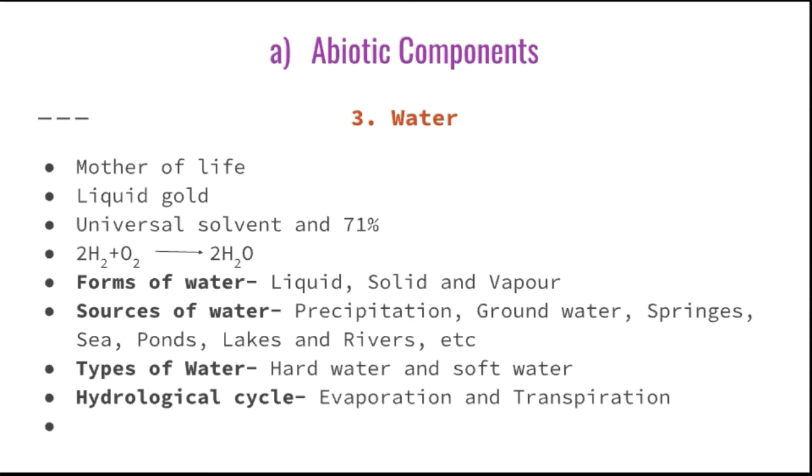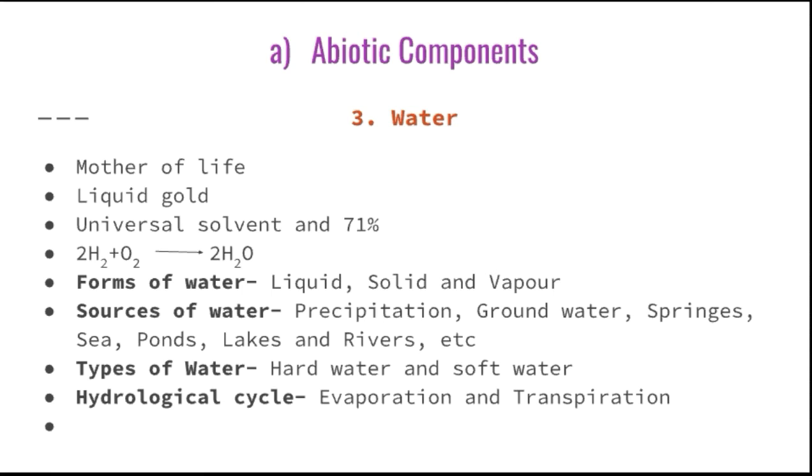What is meant by precipitation? All forms of water falling on the earth from the atmosphere is called precipitation. Rainfall is the most common form of precipitation, and snow, sleet, and hail are the other forms of precipitation.